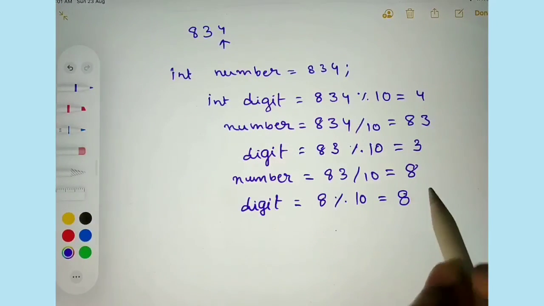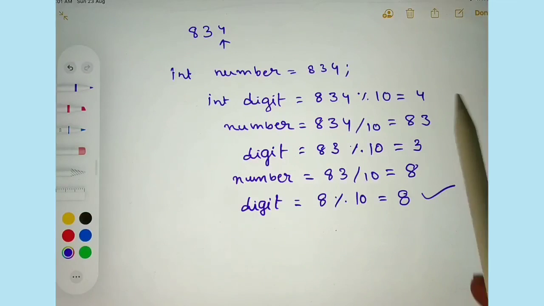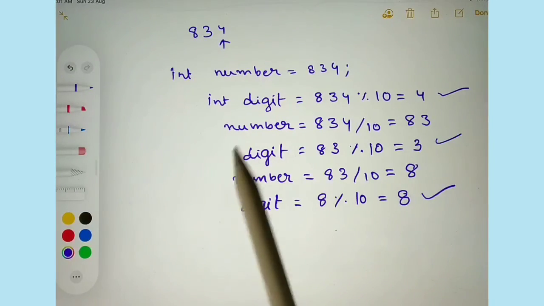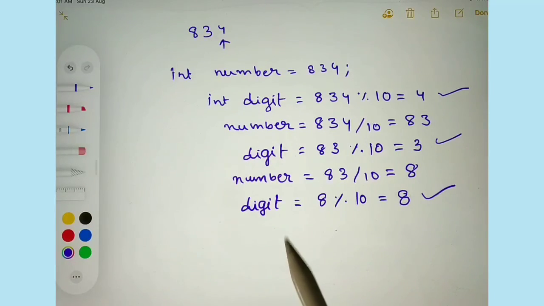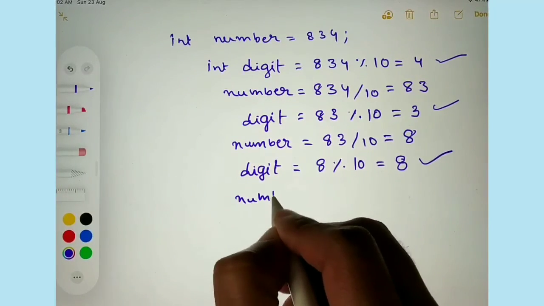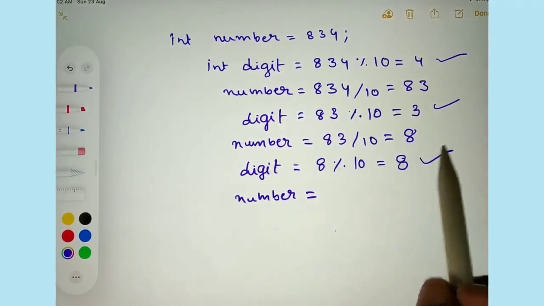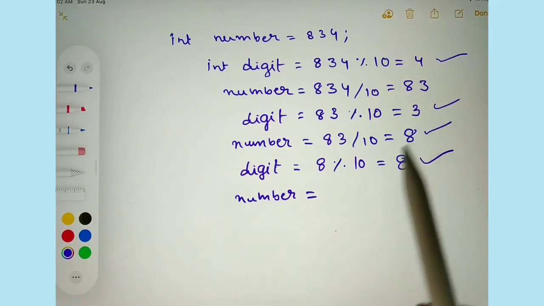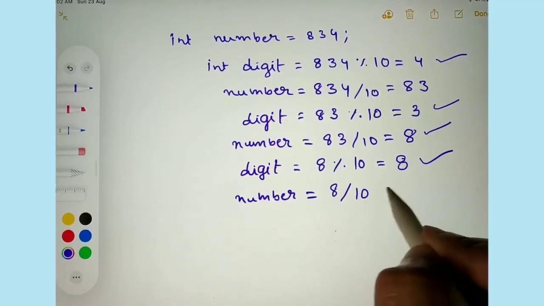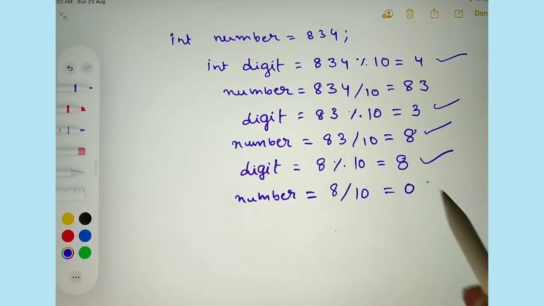This gives us 8. This is the third digit. This is the first digit, this is the second digit, this is the third digit. We repeat this process until the number becomes 0. If we repeat the same process, currently the number variable has value 8, so if we divide it by 10 we get 0. So we can stop here.